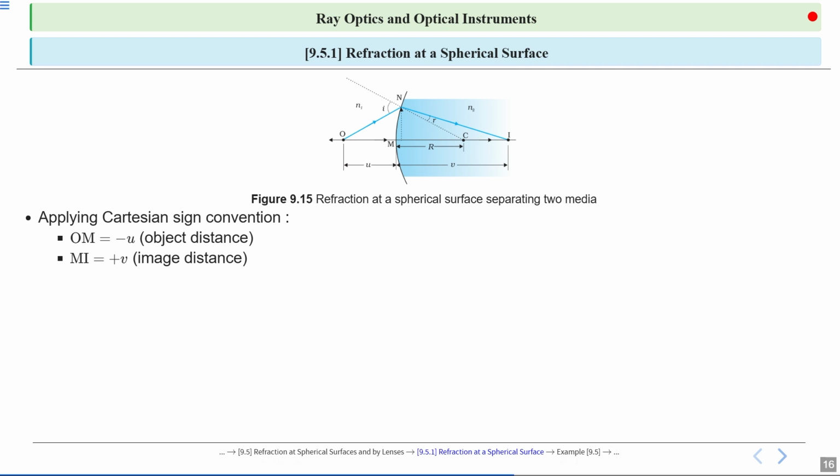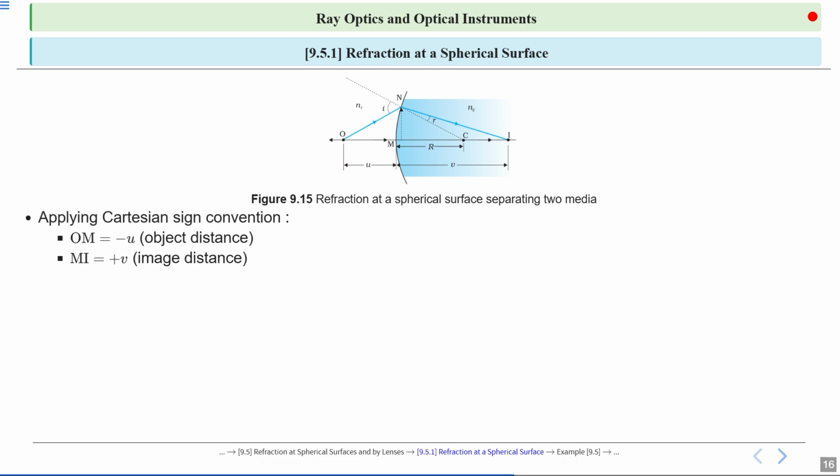Image distance. Now this image is real because rays after refraction are actually meeting the principal axis and making the image. So this image is real. But now we are taking image distance as positive. Why? In the case of reflection, image formed on the same side of the object is called real image in the case of mirrors.